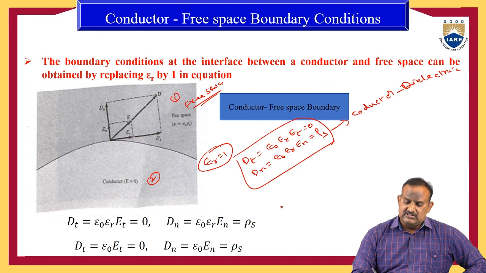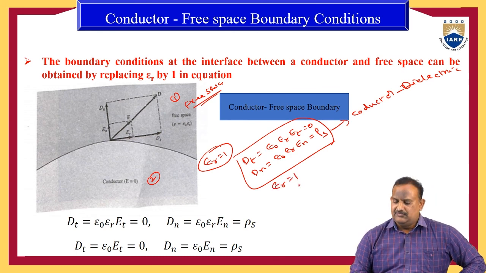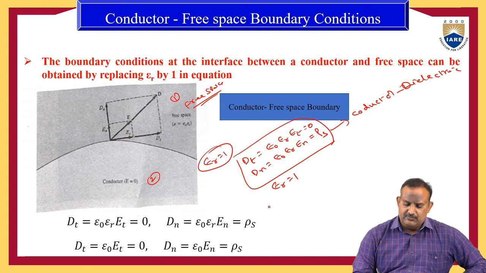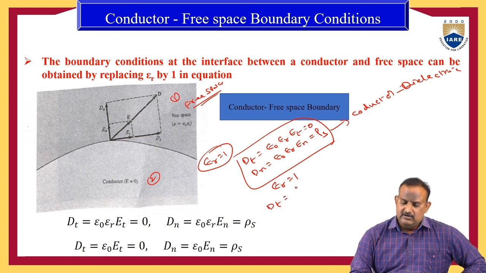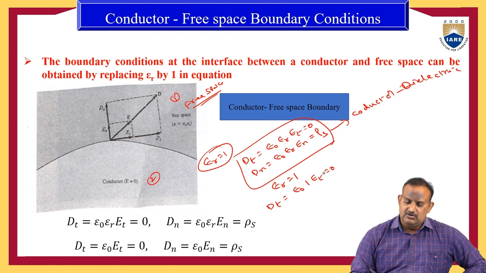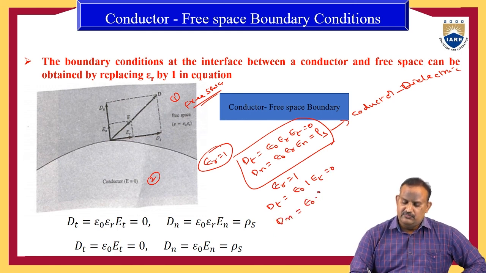In these two equations, if we substitute epsilon r equal to 1, then we have the conductor free space boundary conditions. Therefore, the conductor free space boundary conditions are Dt is equal to epsilon naught into 1 into Et, which is equal to 0, and Dn is equal to epsilon naught into 1 into En, which is equal to rho s.